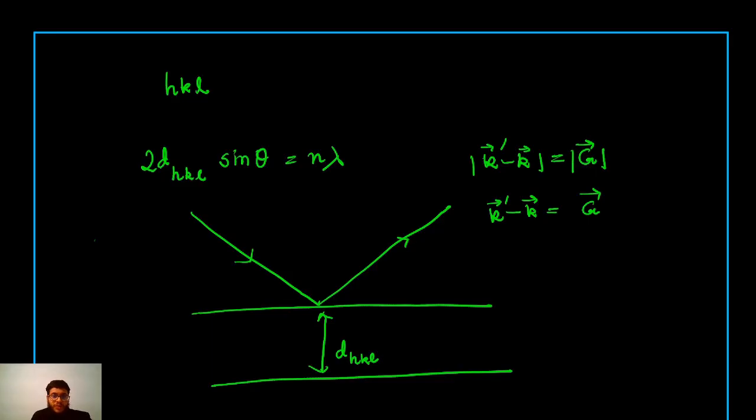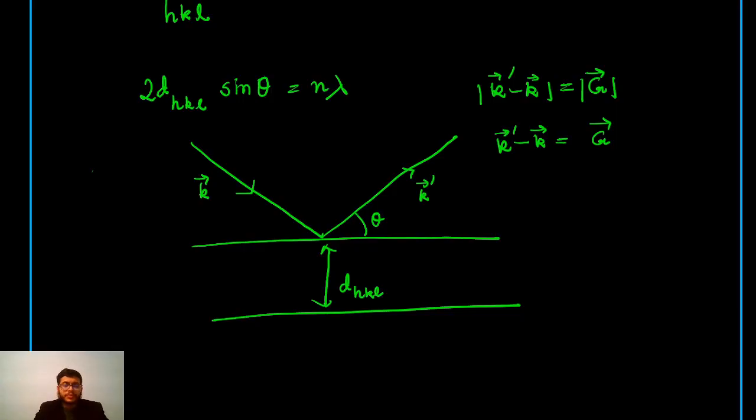So what we can see here, let's say this is k, this is k prime, and this is theta. Then we can immediately see that k will have a magnitude of 2 pi by lambda, where lambda is the wavelength of light.